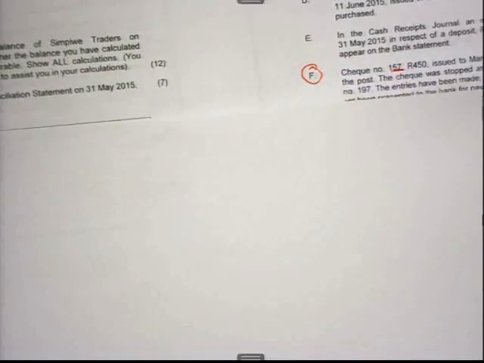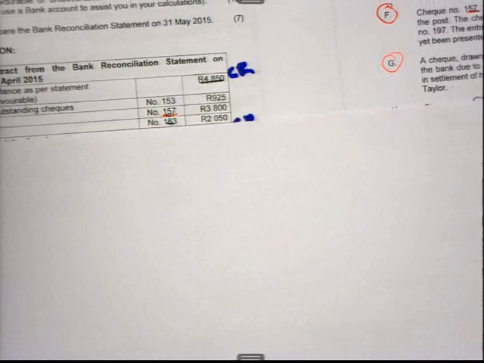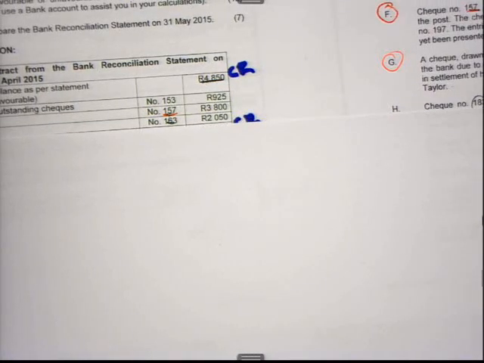Check number 163 was issued to Ngwate Soup Kitchen as a donation. The soup kitchen has since been closed and the check must be cancelled. So it's check number 163. Let's go and check in the previous BRS because we compare three things here. Our previous BRS, journals. In the previous BRS, there is check number 163.